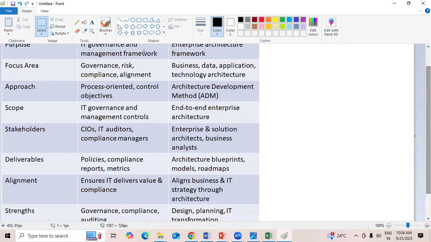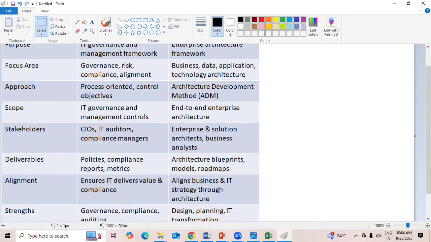So from the COBIT point of view, those who are on the IT auditing side and the compliance management side will learn it and do the COBIT certification. When it comes to TOGAF, for any organization-level enterprise transformation, those who are enterprise architects, solution architects or business analysts will perform the TOGAF certification, etc.